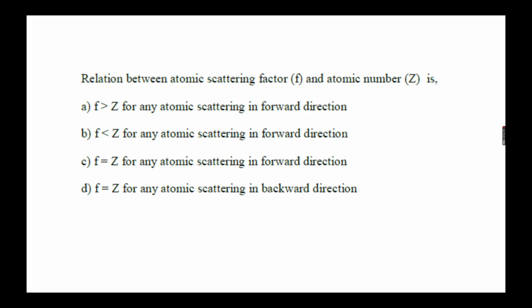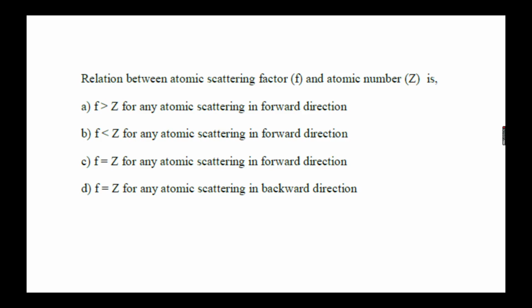The main interest here is the electron, whereas for the unit cell scattering factor, the interest is the atom. Here we consider the electron in the atom. Since the beam is incident, it is scattered at a certain angle, so it mostly depends upon the angle and the direction in which it is interacting with the electron.